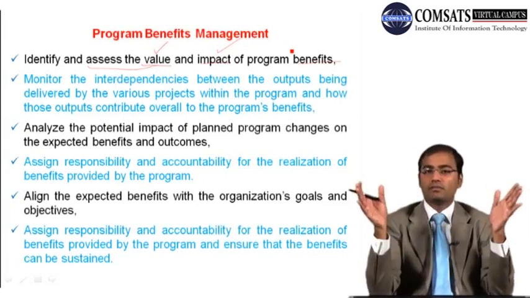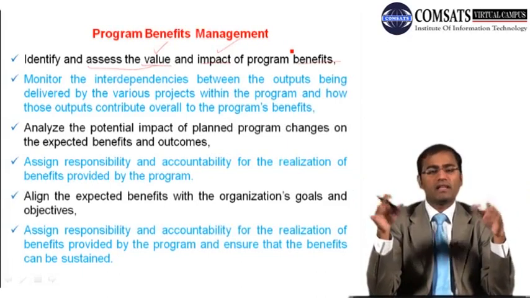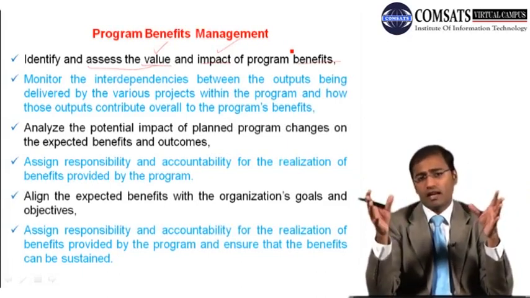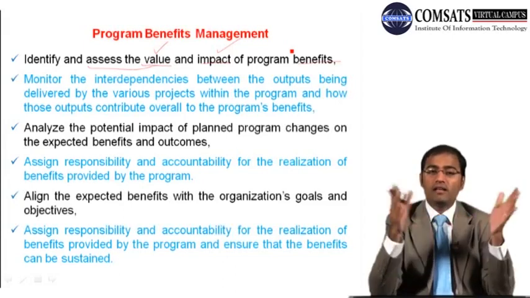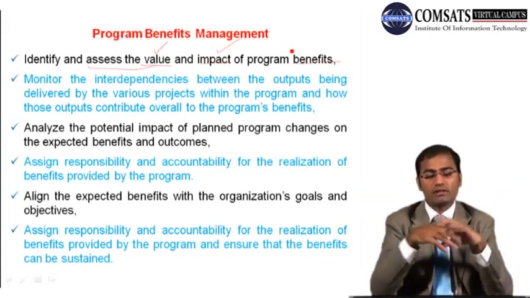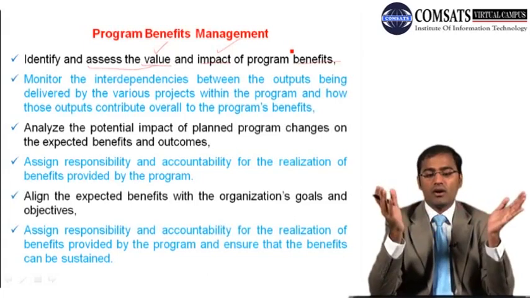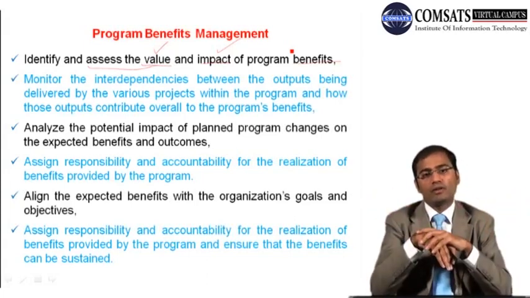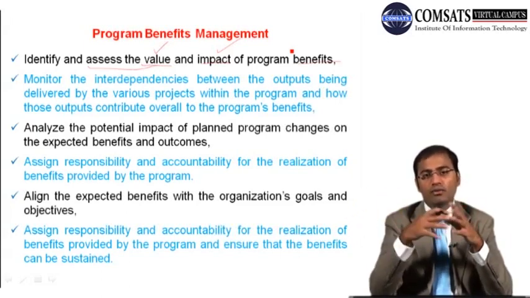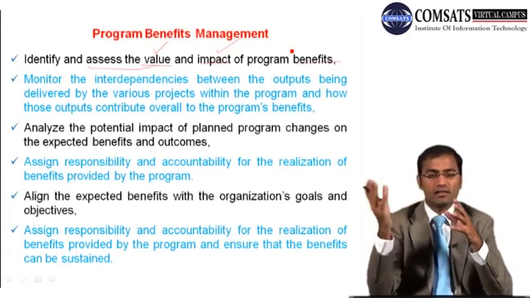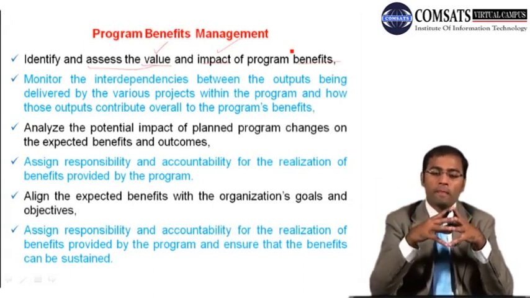So if we have, like, 60 projects, let me oversimplify this through an example. Let's say we have 60 projects and every project was supposed to give 100 rupees profit, and the total profit we had in mind was 60 times 100, that is 6,000 rupees.